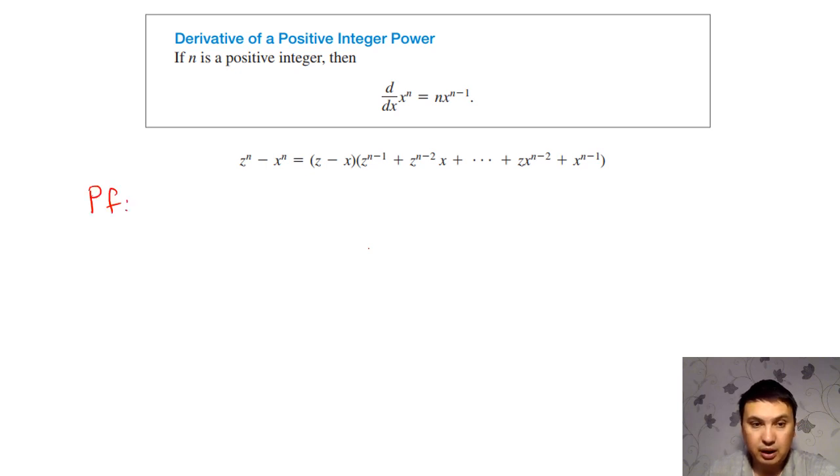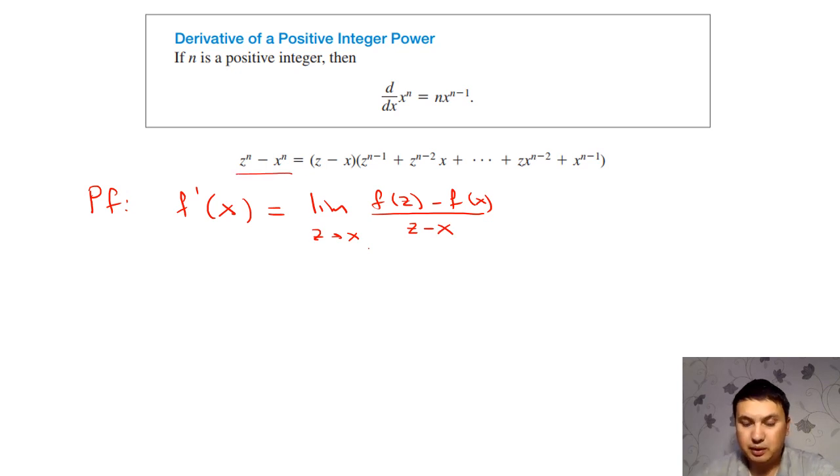If you remember, the derivative of a function at x was the limit as z goes to x of f of z minus f of x divided by z minus x. I wrote it so that it sort of matches the binomial formula. Now let's take our f of z to be this power, z to the n, and f of x to be x to the n.